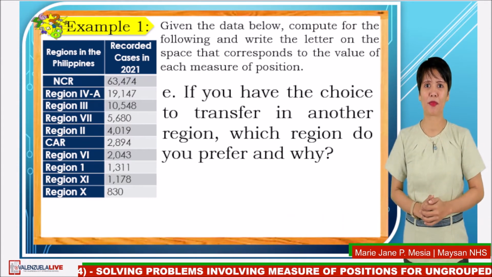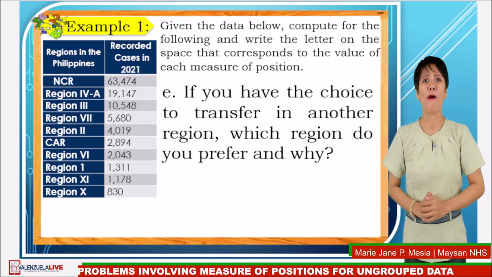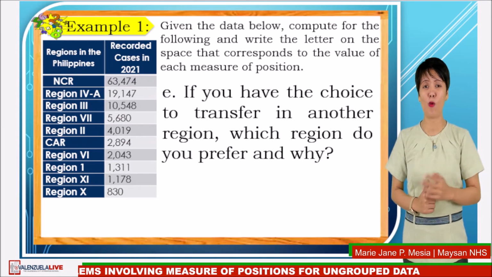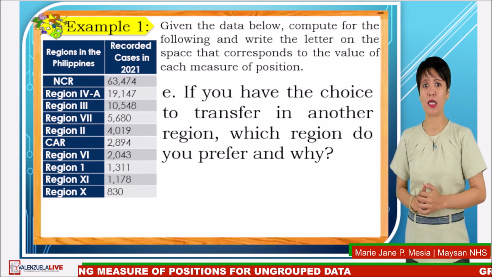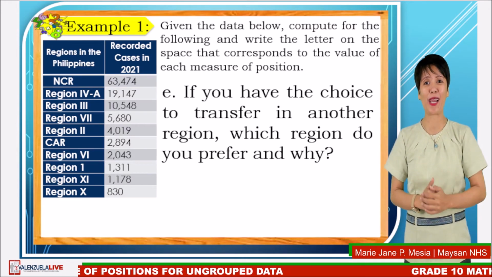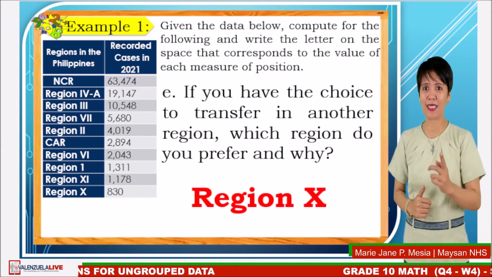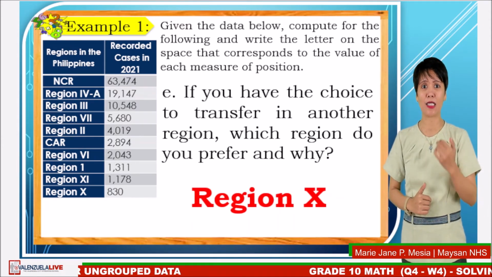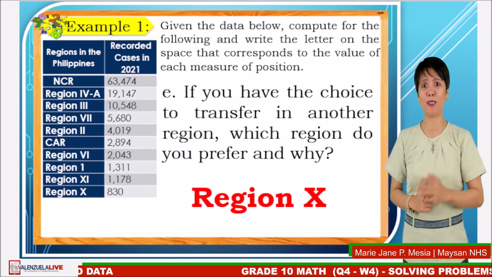Letter E. If you have the choice to transfer to another region, which region do you prefer and why? If I am going to decide based on the number of recorded cases in 2021, I will transfer to region 10 if the basis is the number of active cases per region or the recorded cases per region.